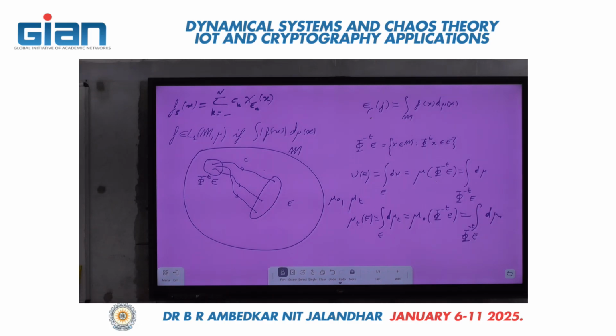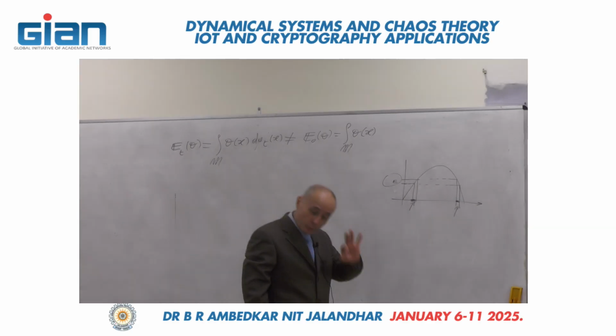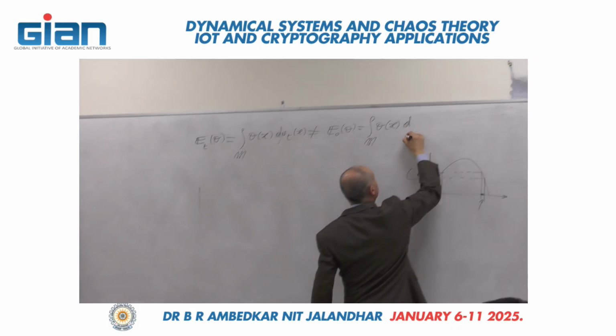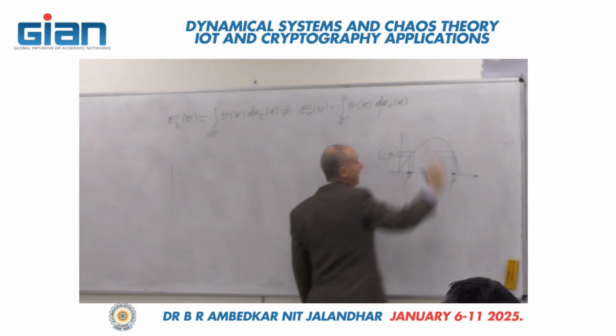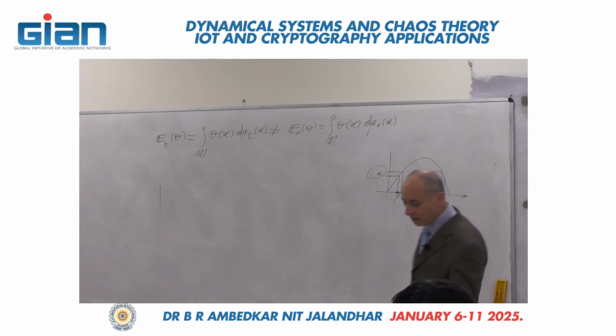Which in general can be different from the expectation at time 0 of the same observable. The observable is the same, but the observed value is different because d mu 0 of x may be different from d mu t.